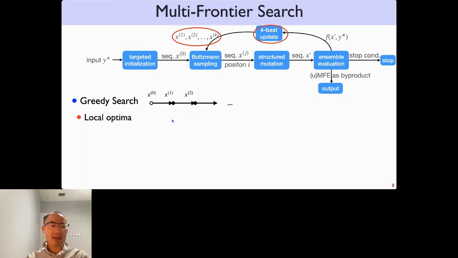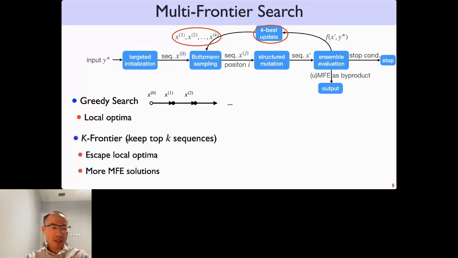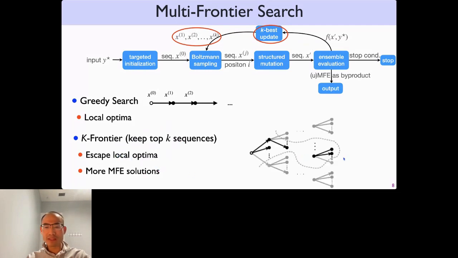But that can lead to local optima or getting stuck in local optima. So in the multi-frontier search, at each step, the best K sequences in the history are kept in the hope that local optima can be avoided and more MFE solutions can be found.